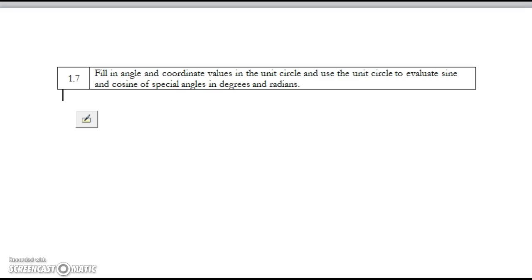Now, when you're thinking about sine and cosine, keep in mind that the sine of theta is y over r, and the cosine of theta is x over r. And what's so special about the unit circle is that the radius is 1.